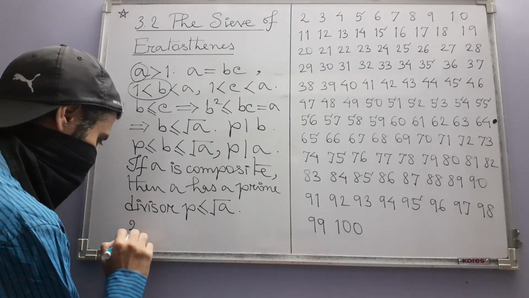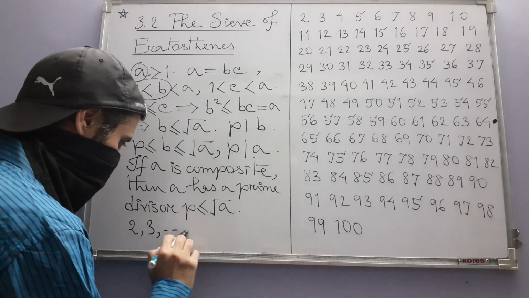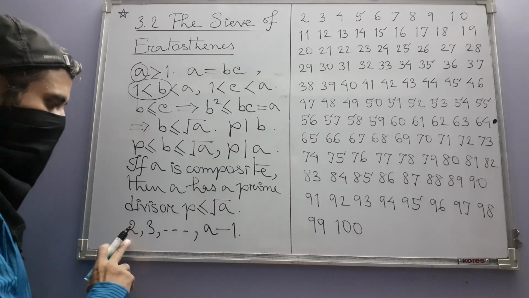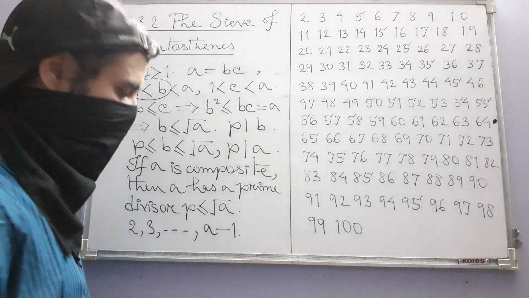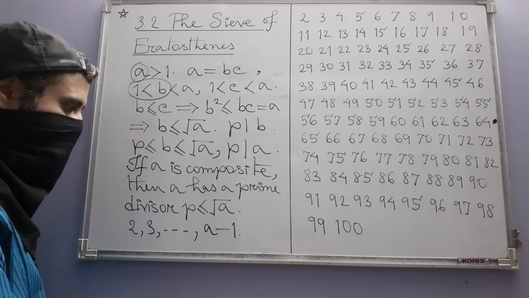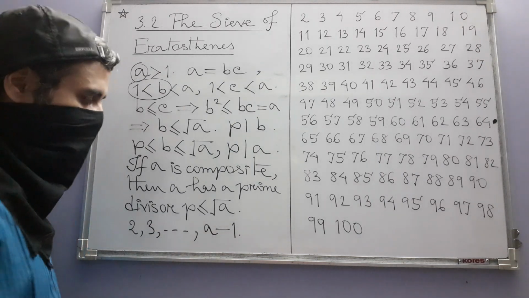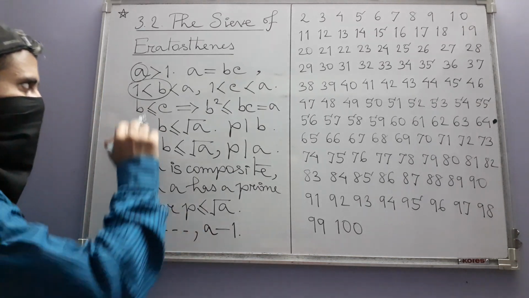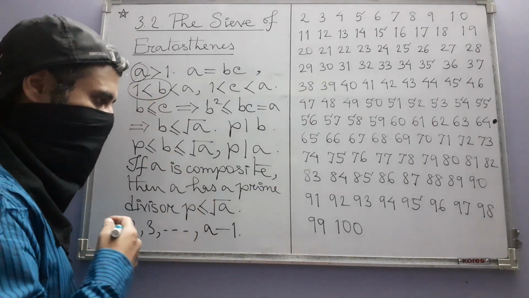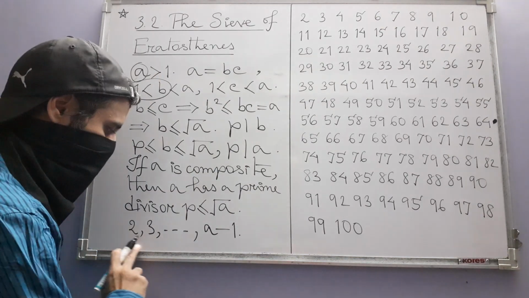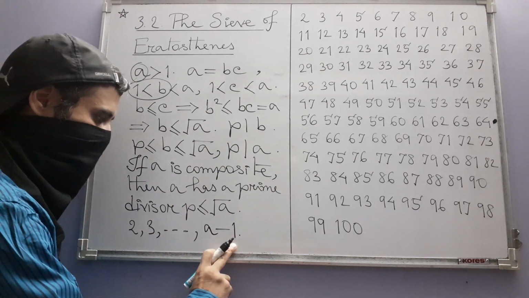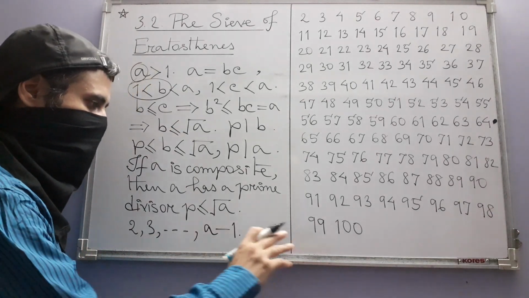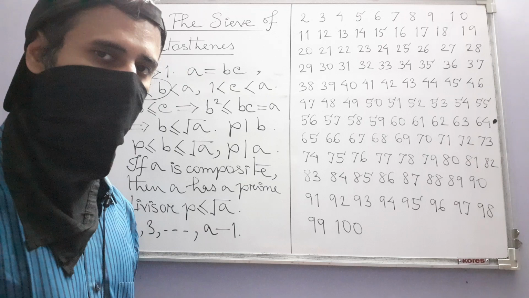Naturally, you would look at these integers and see if any one of them divides A. If any one of them divides A, then A is composite. Otherwise, A is prime. But you can see that as A becomes larger and larger, the number of integers to be checked also increases. So the task eventually becomes prohibitively long.